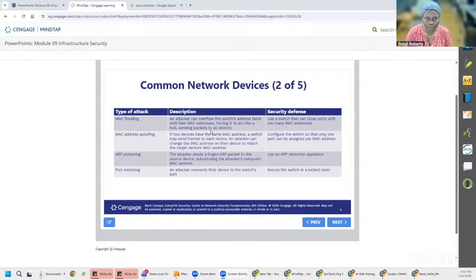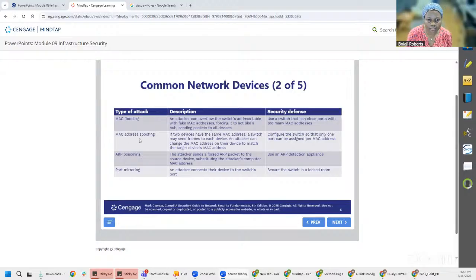So port security is very important there. So using a switch that can close the port if the port allows only a certain number of MAC addresses.